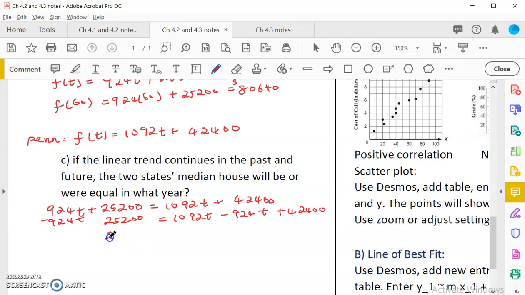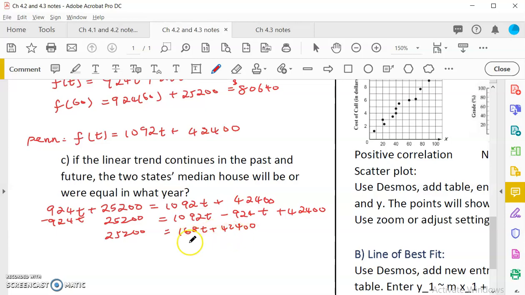So that means 25,200 equals 168t plus 42,400.